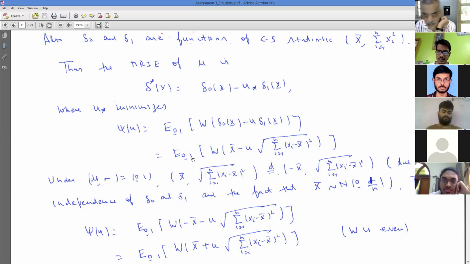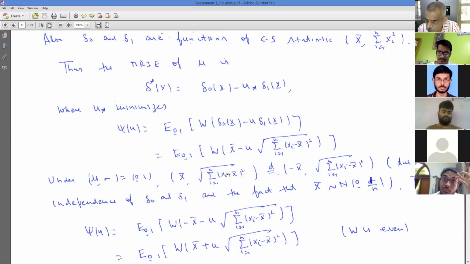Yes, sir. Now, since x bar and summation xi minus x bar are independent, this joint distribution would be the same as the marginal of x bar into the marginal of this. And the marginal of x bar is the same as the marginal of minus x bar. Yes, sir.